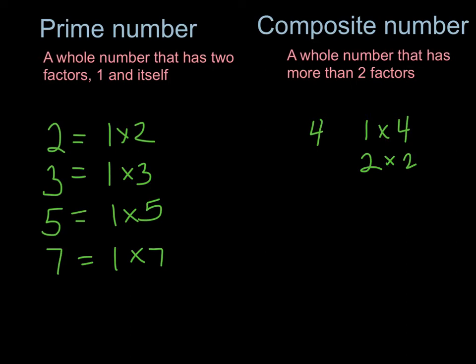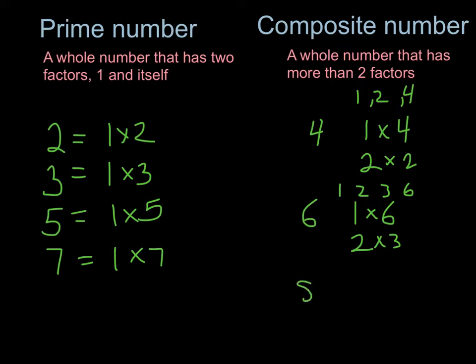So the factors of 4 are 1, 2, and 4. Okay? 6 would be a composite number because I can do 1 times 6 and I can do 2 times 3. So the factors of 6 are 1, 2, 3, and 6.